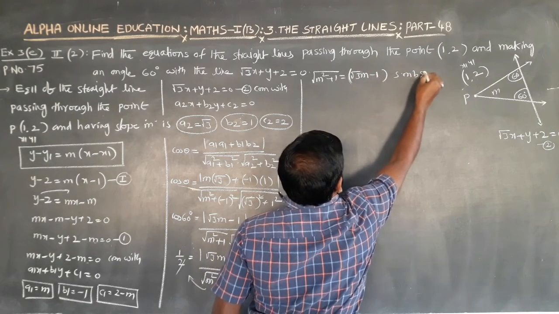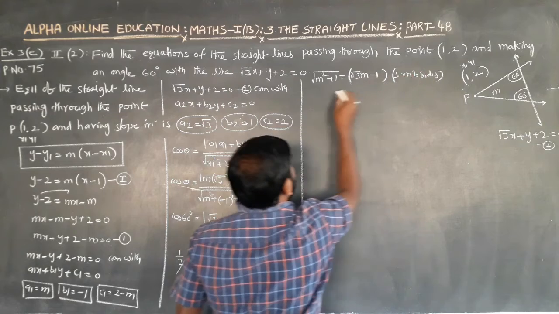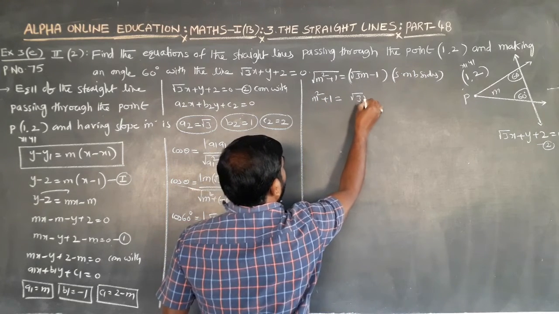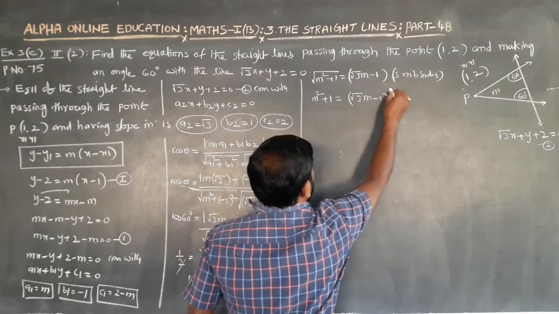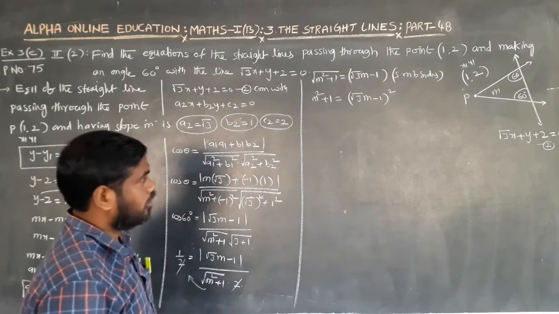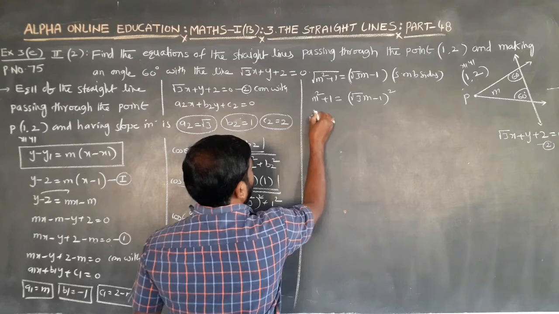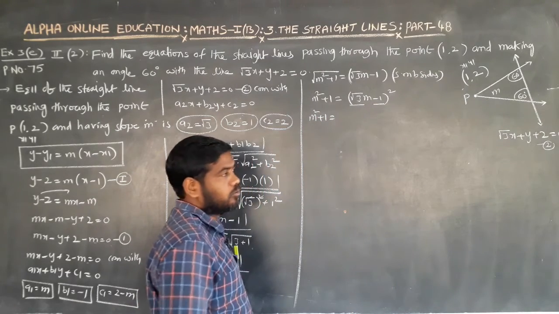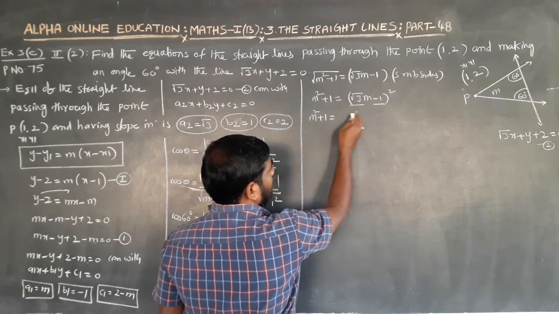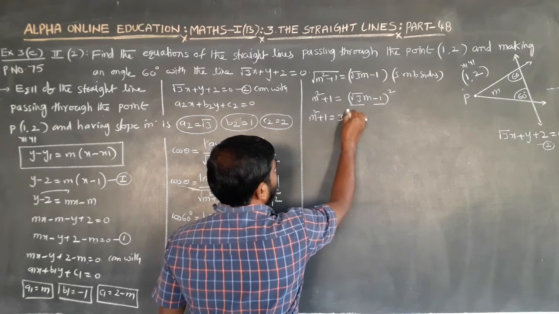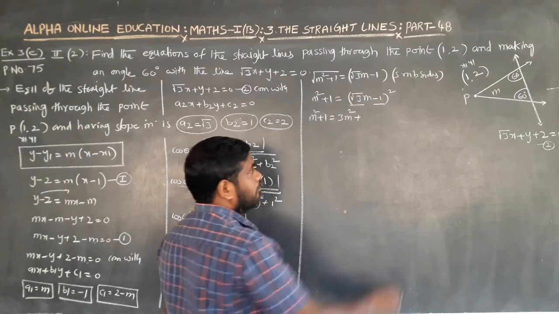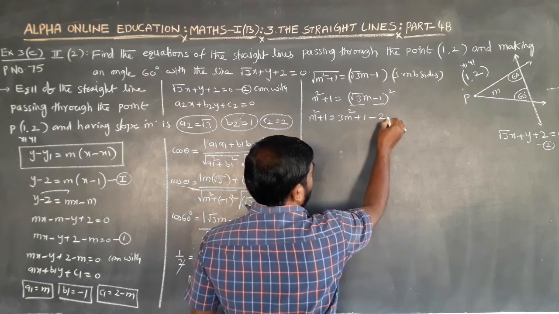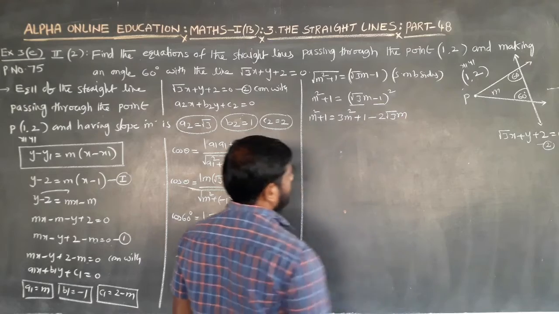Squaring on both sides, m square plus 1 is equal to (root 3 m minus 1) whole square. Using (a minus b) whole square, that is a square, (root 3 m) whole square, which is 3m square, plus b square, 1 square, 1, minus 2ab, which is root 3 m.